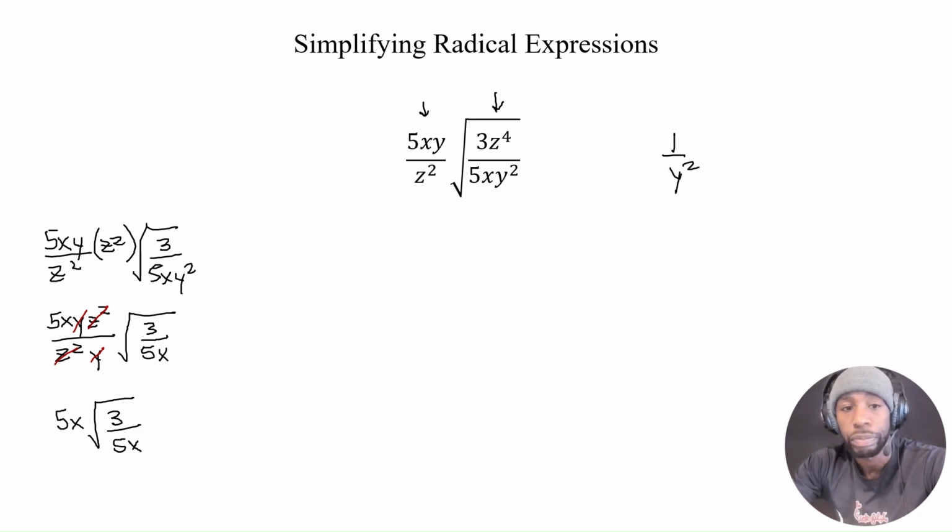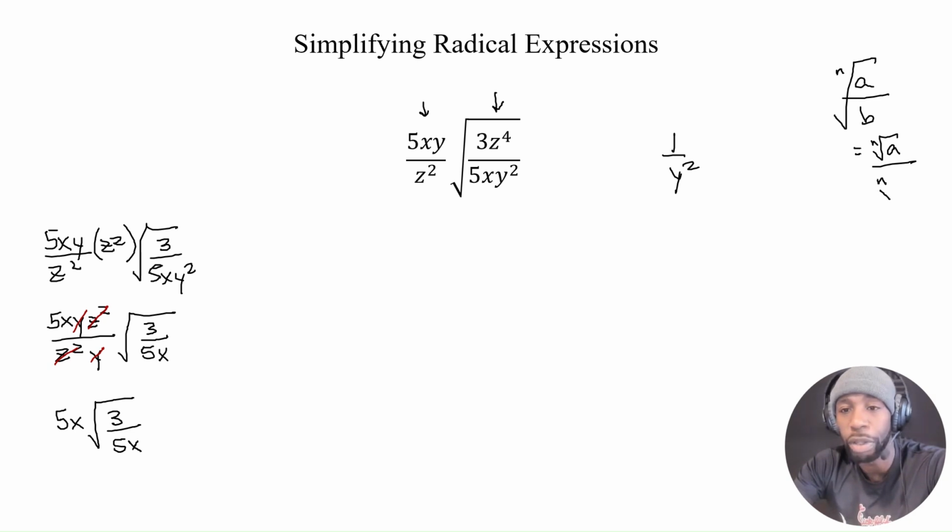Now, keep this in mind too. Here's a rule to remember. If you have the square root of a divided by b, that is the same thing as the square root of each of those separately.